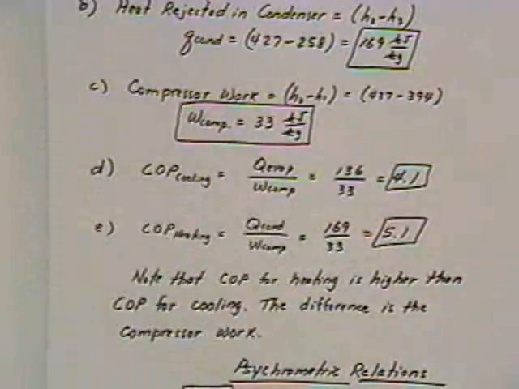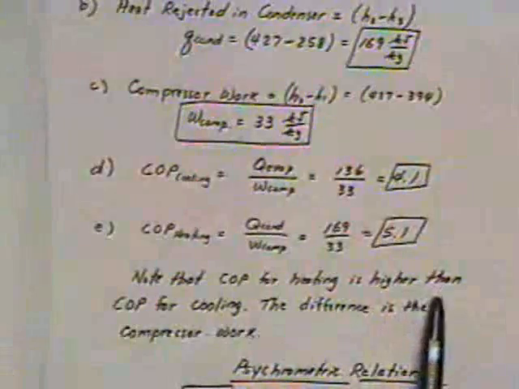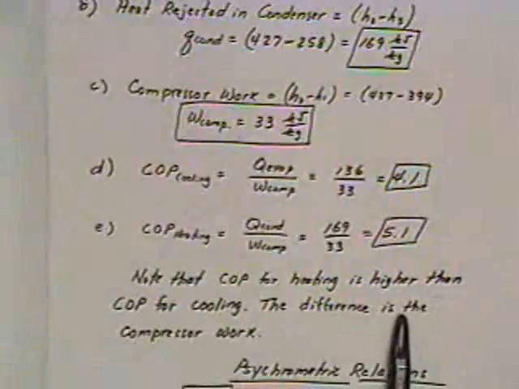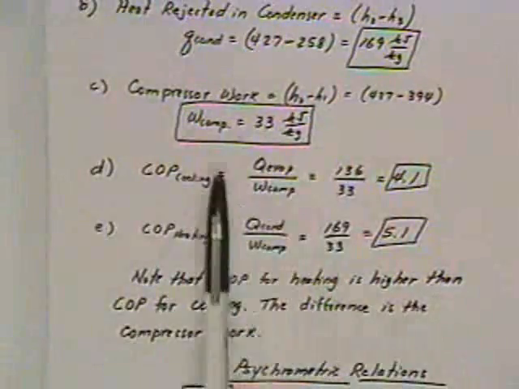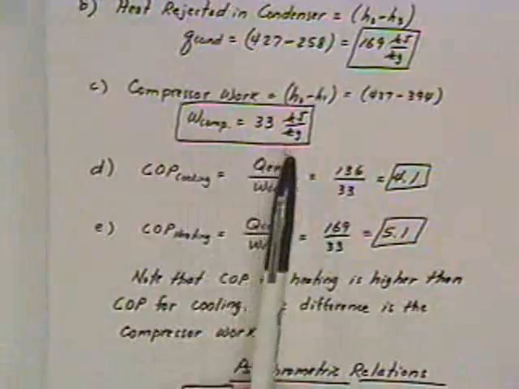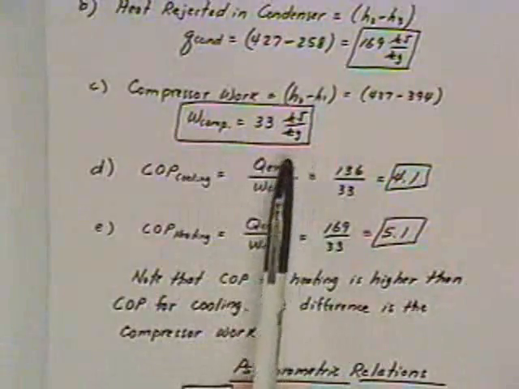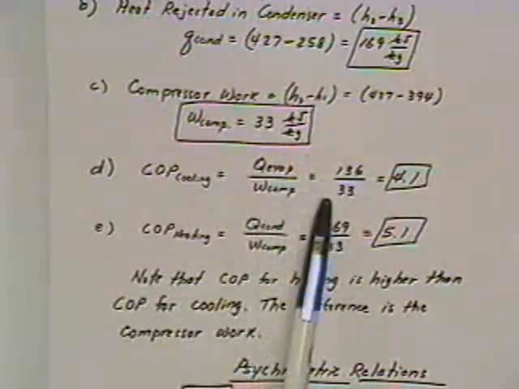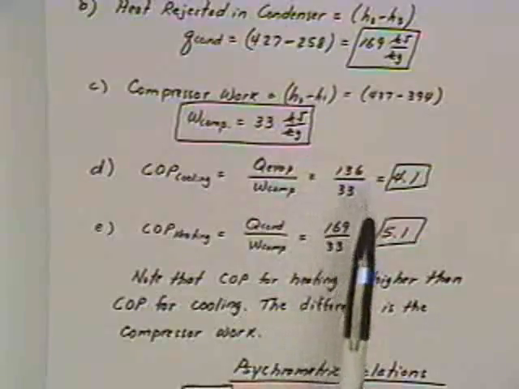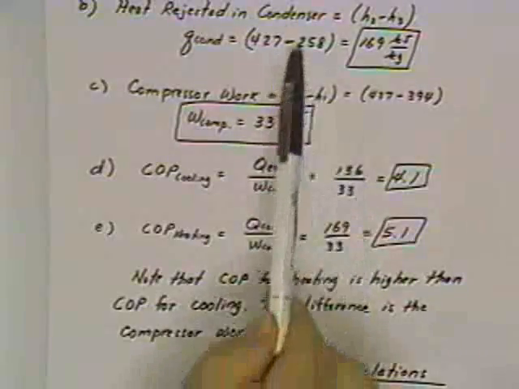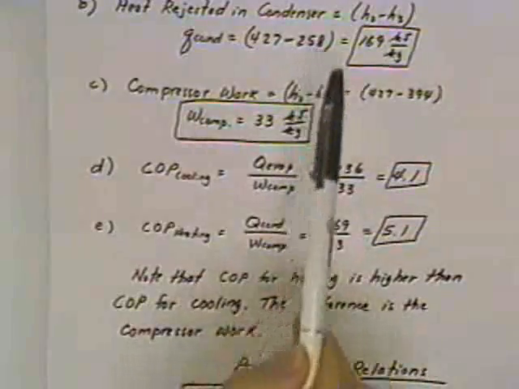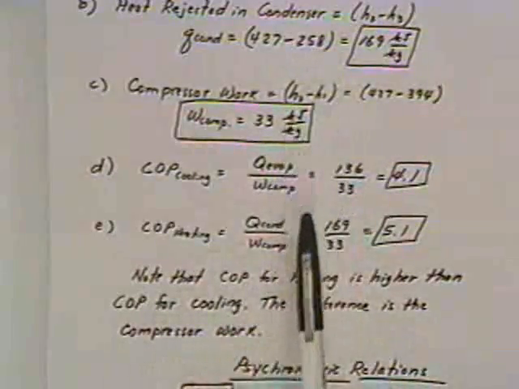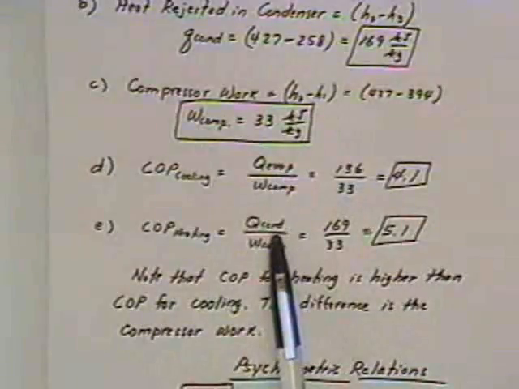Now, I'll give you a little hint in working these problems. We know that the COP for heating is higher than the COP for cooling, and the difference is the amount of the compressor work. As a check, to the accuracy of reading the tables and the figure, the heat rejected in the condenser should equal the compressor work plus the heat transfer in the evaporator.